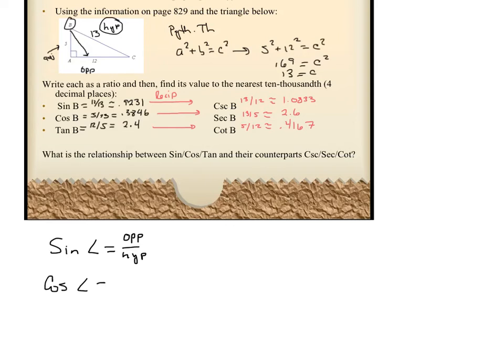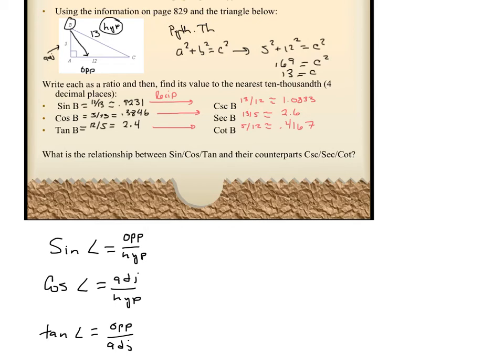Cosine of an angle is going to be adjacent over hypotenuse. Tangent of any angle is opposite over adjacent. Now these I didn't spell out because I spelled them out in the previous one. I'm going to spell these guys out.